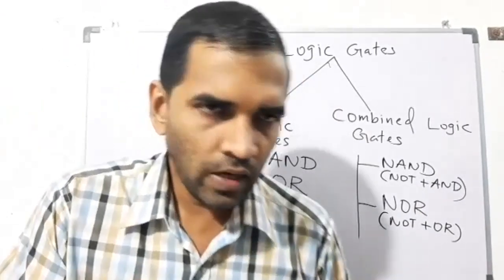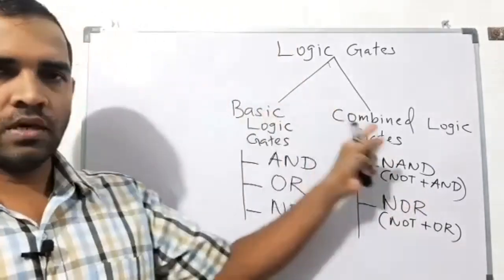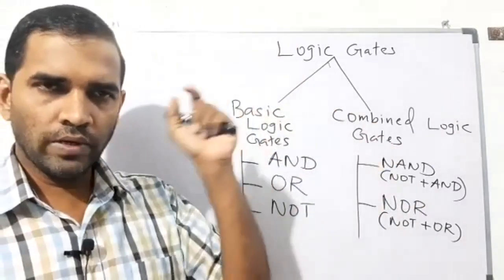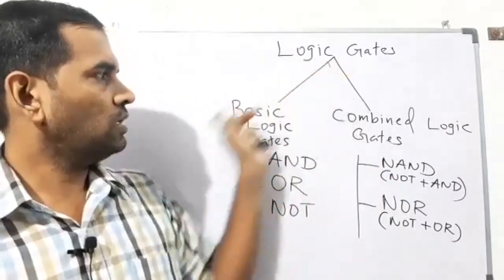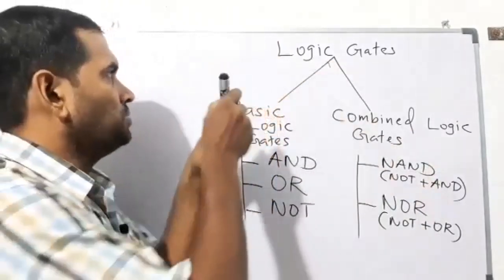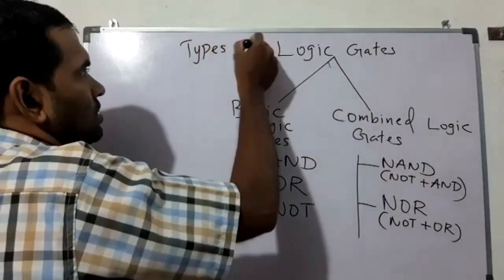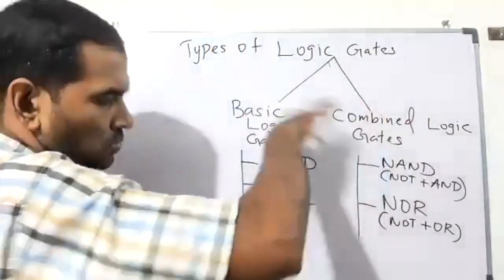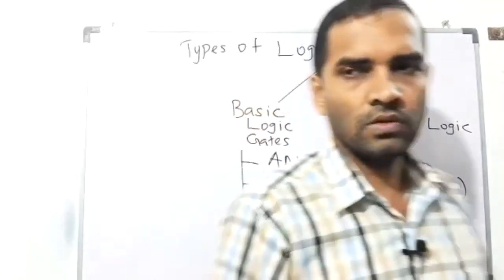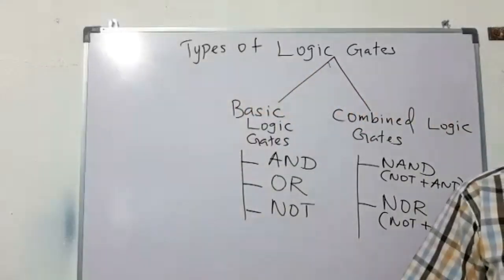Right. So now divide your heading into two, as I have divided here. Okay. So this is the heading: types of logic gates. Divide into two and show the examples and everything. Show this, copy this down.